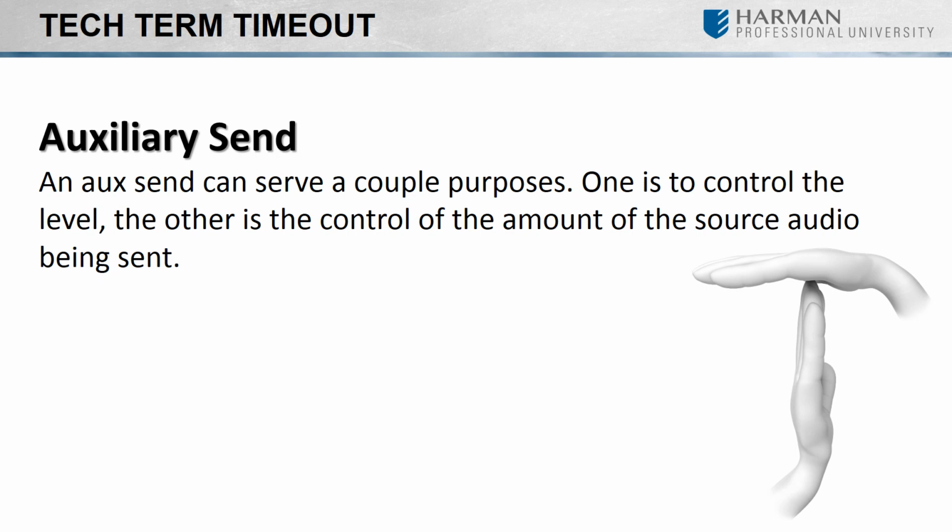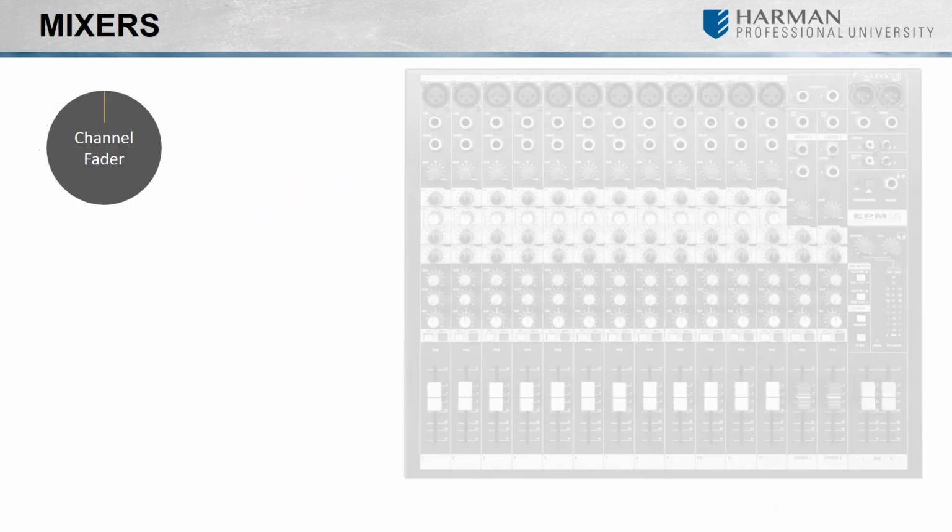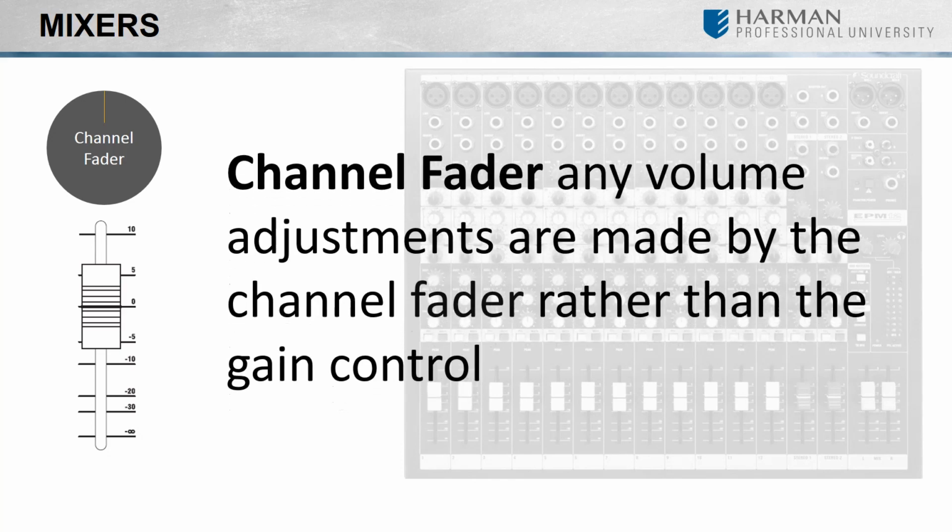This allows the console operator to either apply a small or large amount of the effect on a single channel while leaving other channels unaffected. Not every instrument should be drenched in reverb. Finally, you can adjust the channel volume with the channel fader. The input gain is usually set once when the source is plugged in and left at that same level. Any volume adjustments are made by the channel fader rather than the gain control.